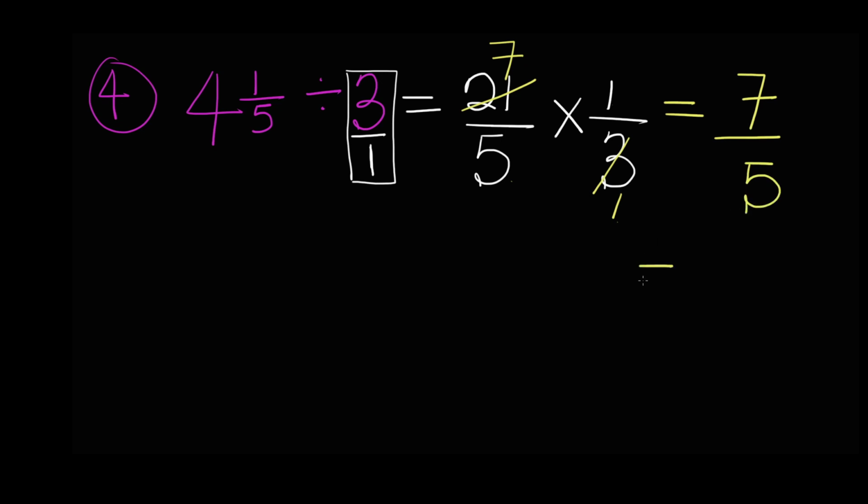If you take a look at this fraction, this is an improper fraction which can be converted to a mixed fraction. 5 in 7 is 1. Remaining 2, then over 5. So your final answer is one whole number, 2 over 5.